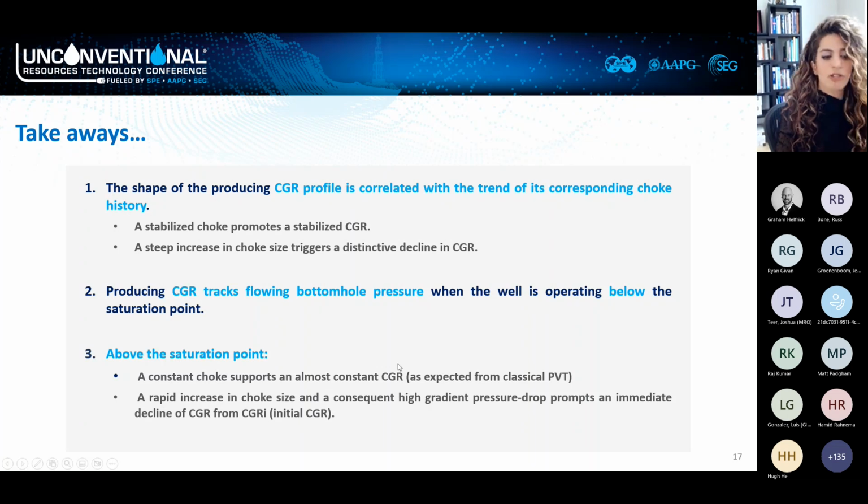However, above the saturation point, a constant choke supports an almost constant CGR, and we expect that from classical PVT. A rapid increase in choke will have a consequent high pressure drop gradient, and it will prompt an immediate decline of CGR from CGRi.